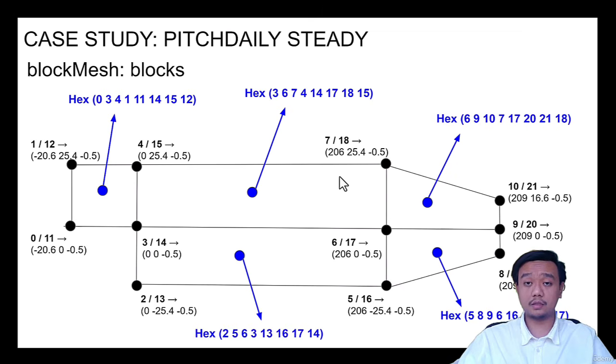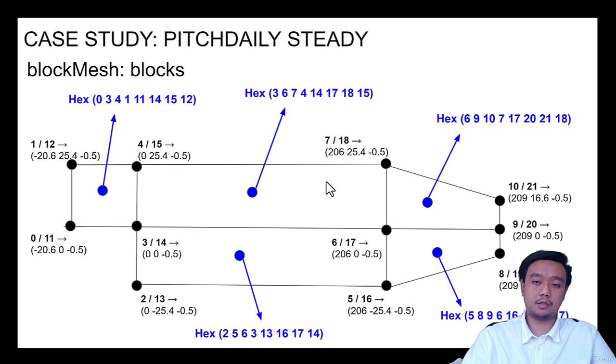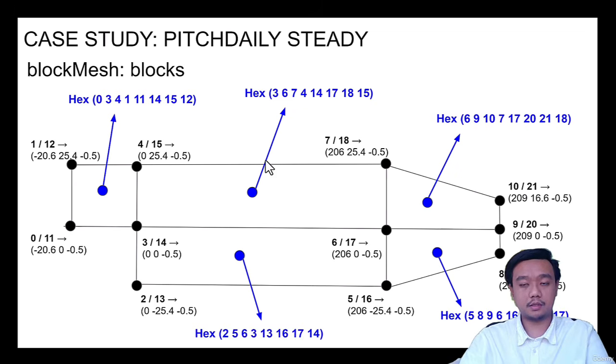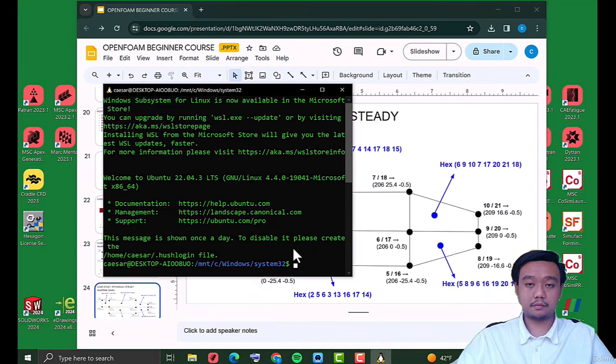So you understand how to remove them from the blockMeshDict. I don't have to explain everything here, because it's basically the same as the previous discussion.